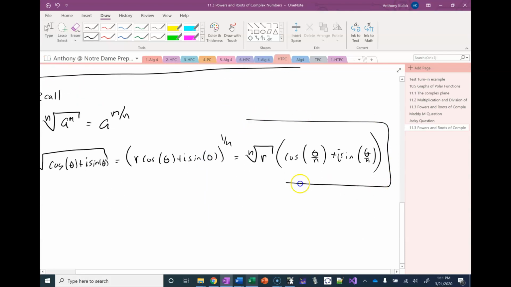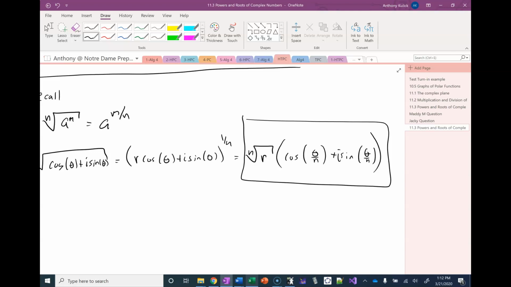So this is our formula. But the problem is, this isn't quite it. It's actually a little bit more complicated, because if you remember, if we talk about what the square roots of 4 are, well, you have 2 and you have -2. So we have to be a little bit more careful, because we want to be able to identify all the possible square roots for these complex numbers.